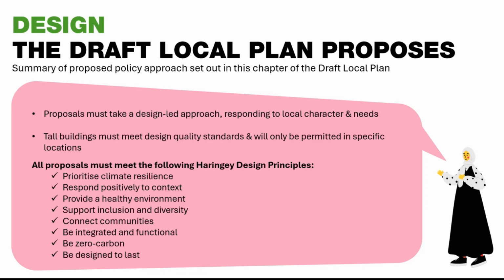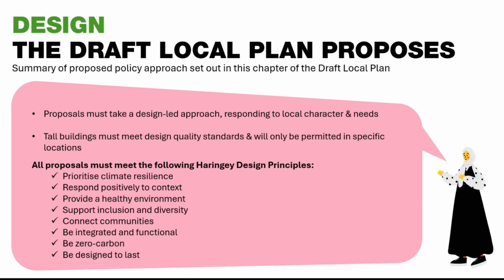That's resulting from our evidence and the new policy guidance from the London Plan. And then all proposals must meet the following Haringey design principles. So all new development in the borough must prioritise climate resilience. It should respond positively to context. It should provide a healthy environment. It should support inclusion and diversity.